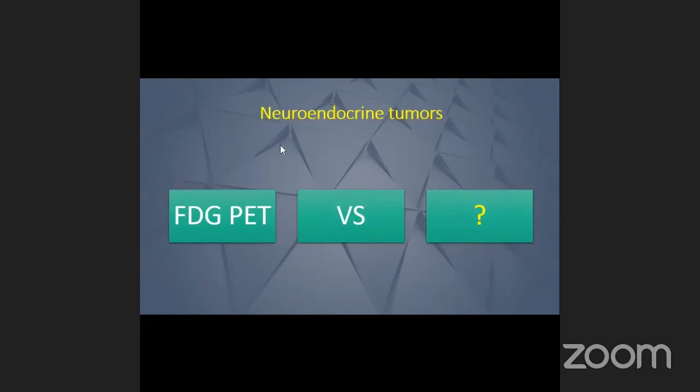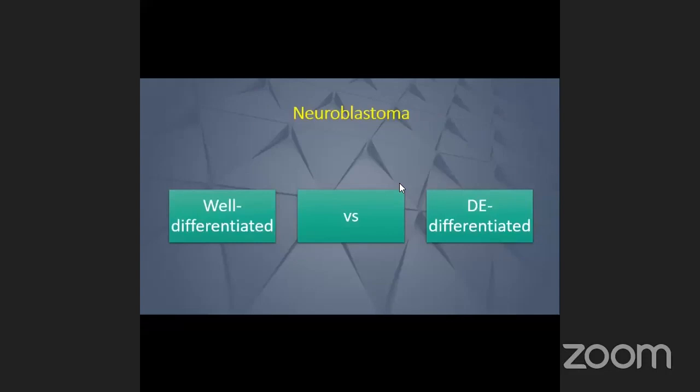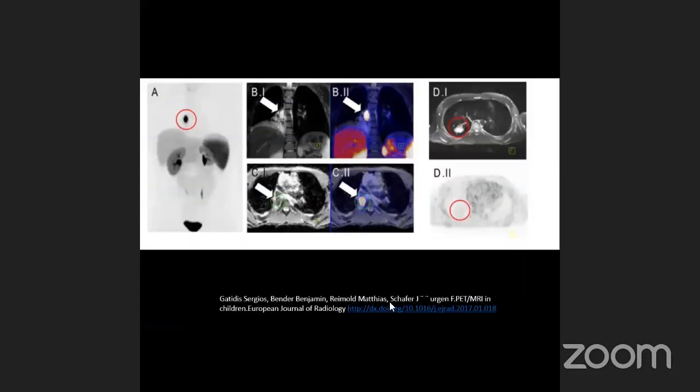Let's go to see something about the neuroendocrine tumors. This patient, if you just look at the MRI images without PET, you see that there is a lesion here, restricted in diffusion, ADC here. And for this lesion, you will put some differential diagnosis.